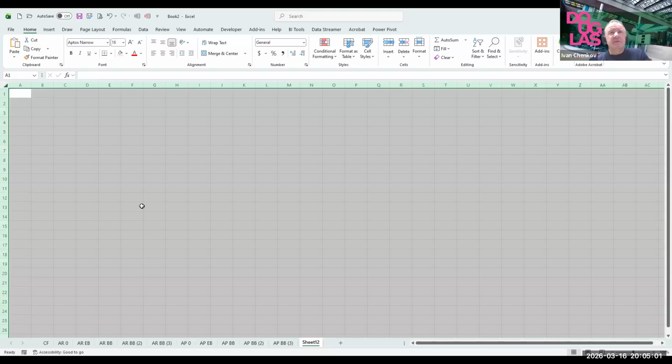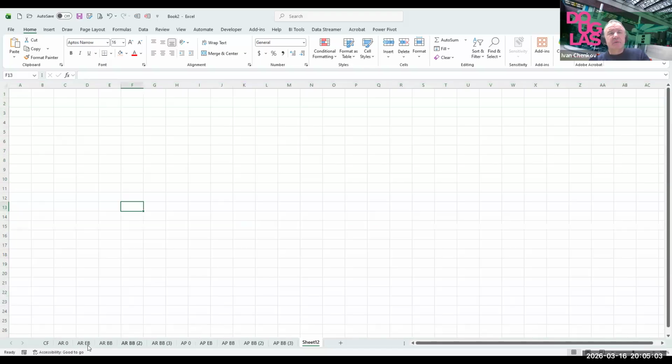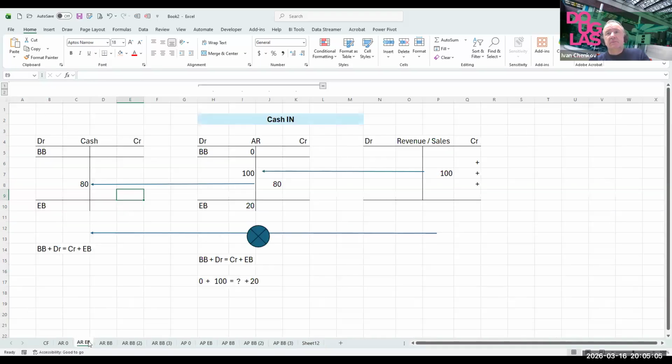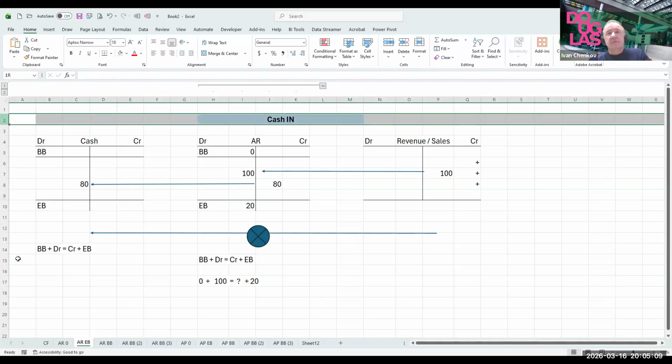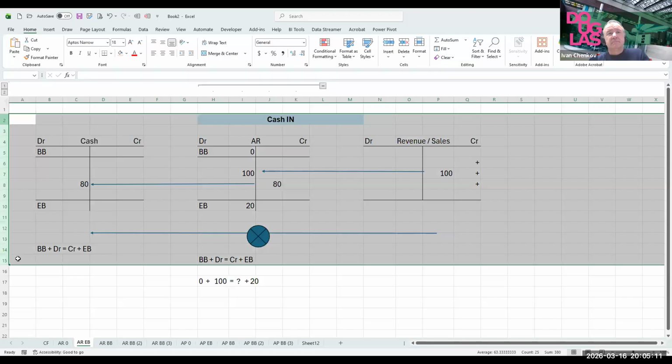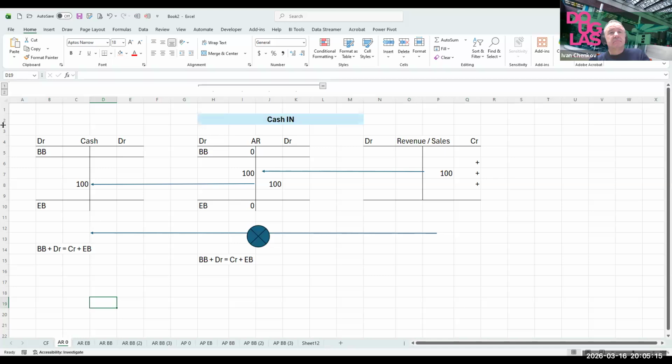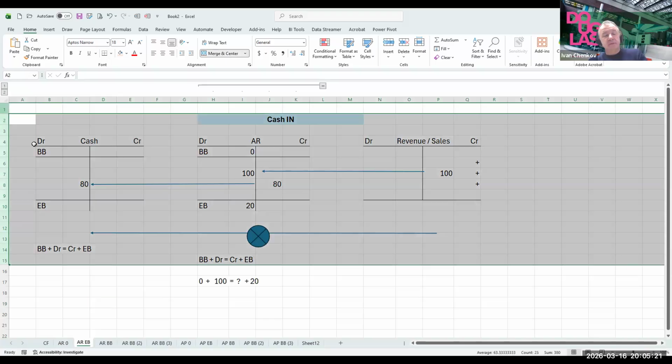Let me increase the font first. I'm going to grab from this calculation for the cash in. No, let's stay with the 0. Oh, no, this one. Let's go with this one.